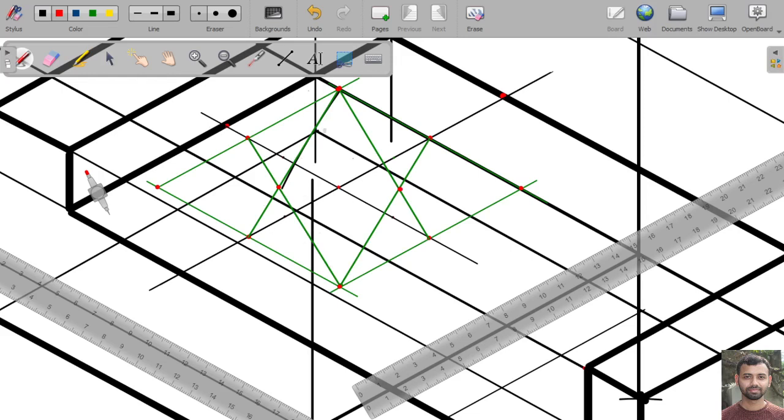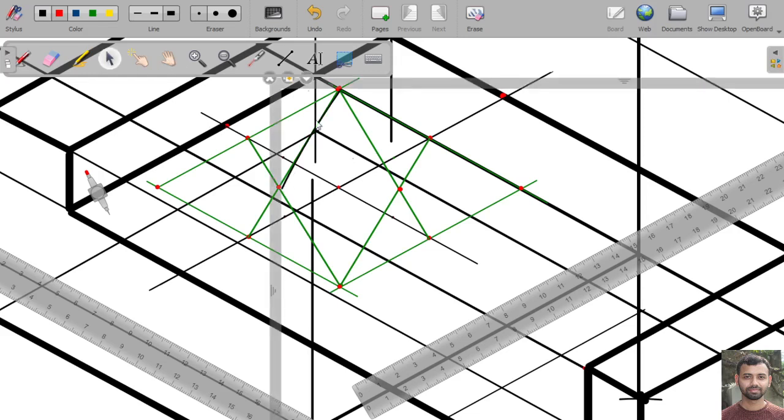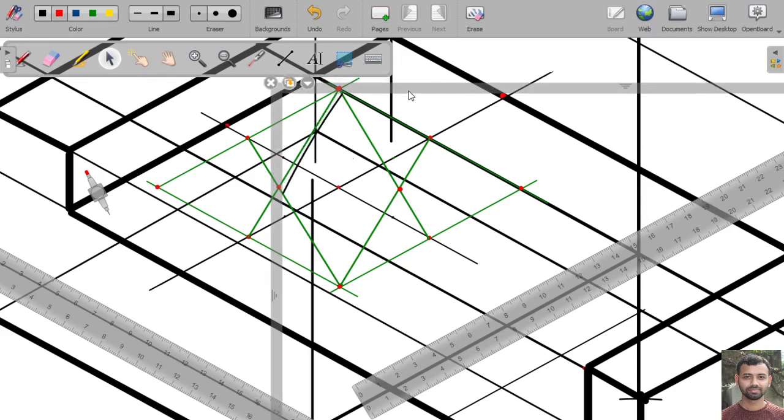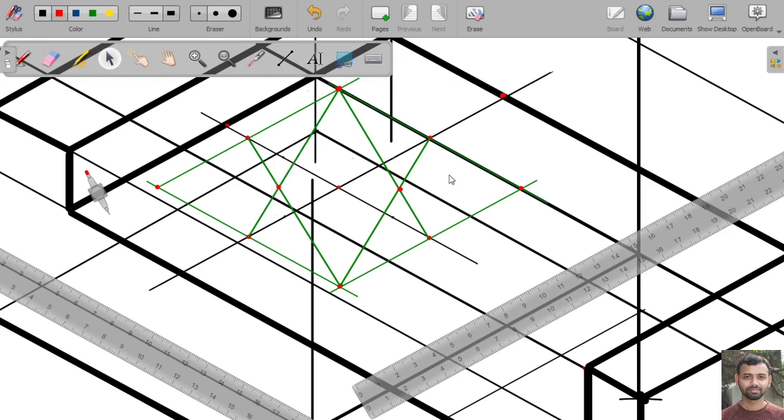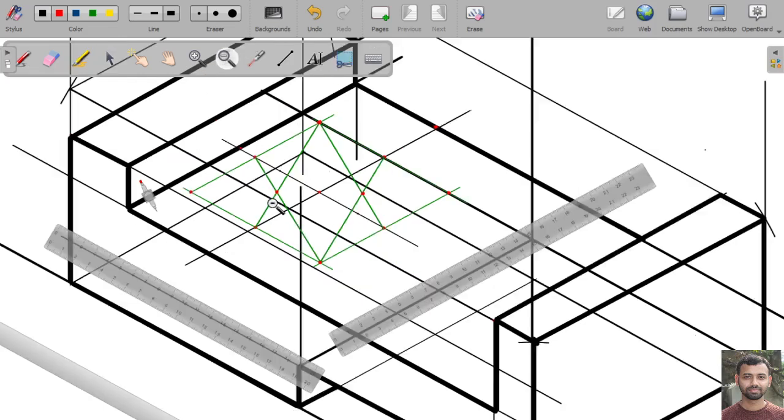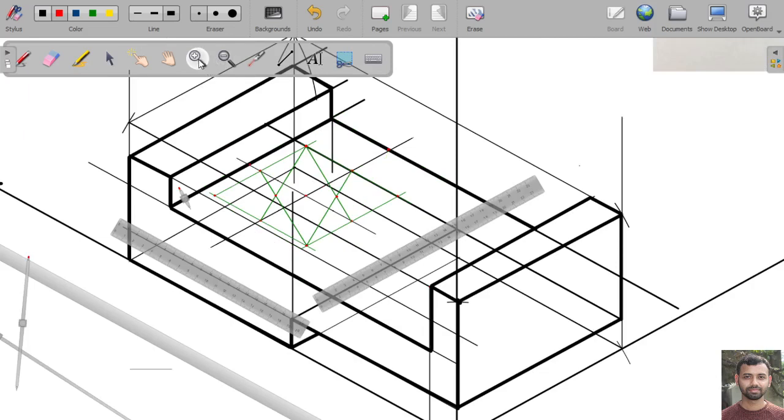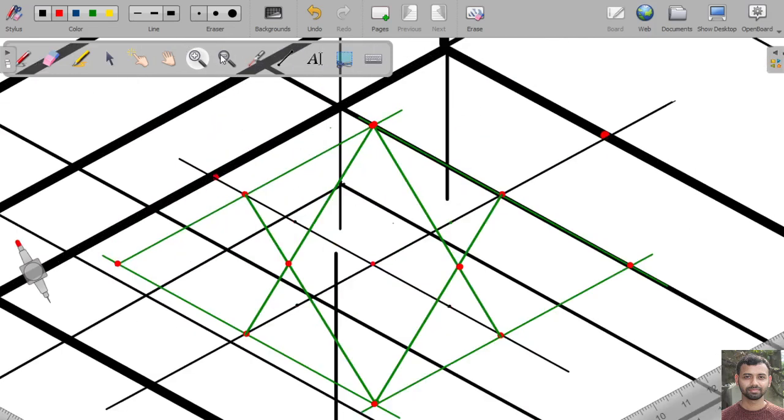Now using these four center points, we will draw the isometric view of the circle. Clear?